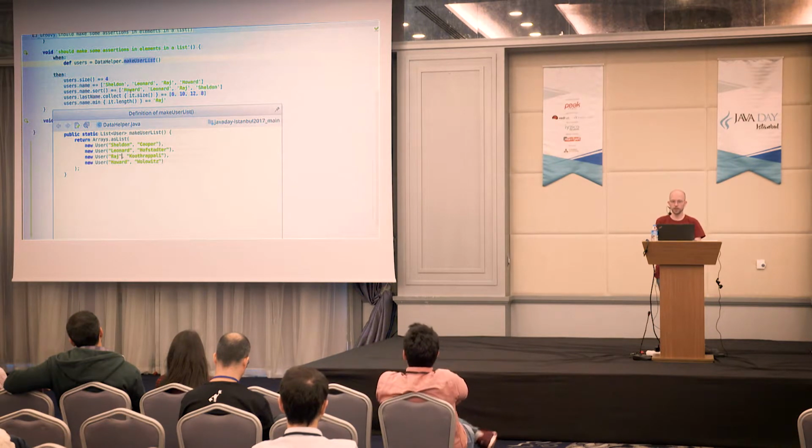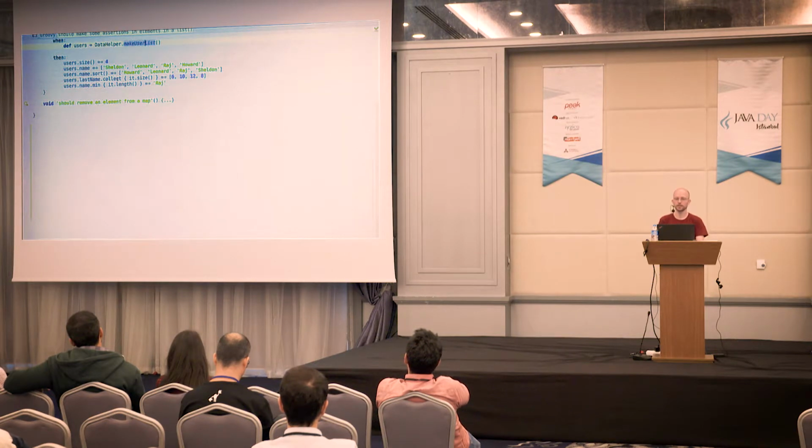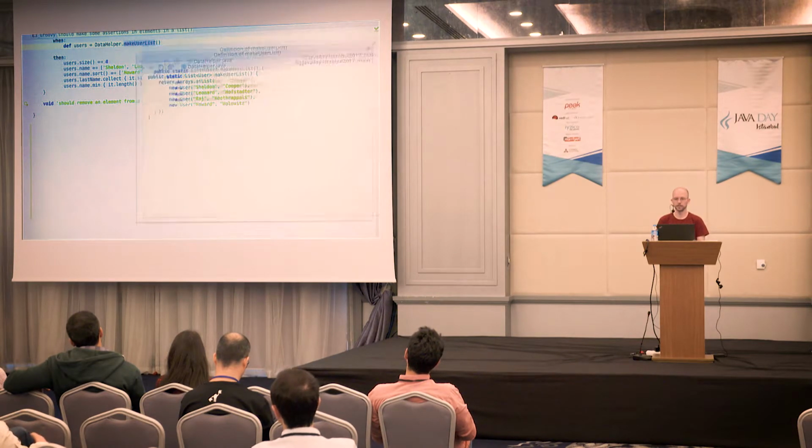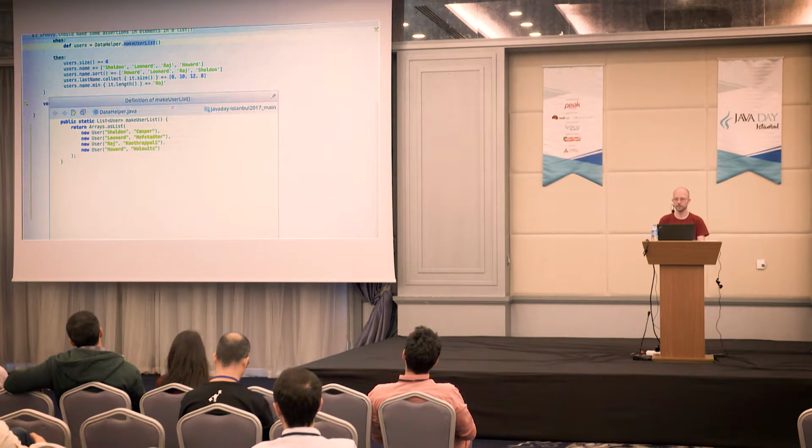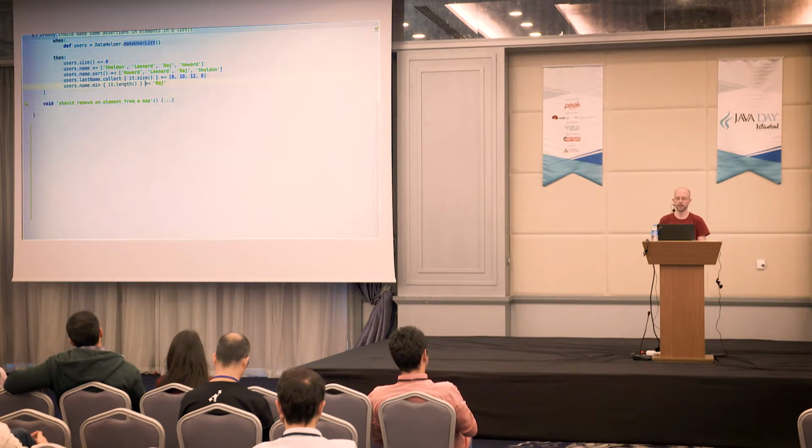So now the names are Howard, Leonard, Rajan, and Selvo. Here with collect, we can get a new list with the size of the last names, right? So the size of Cooper is 6, Hofstadter is 10, 12, and 8. And then with this last line, we can extract the name of the user with the smallest name, right?